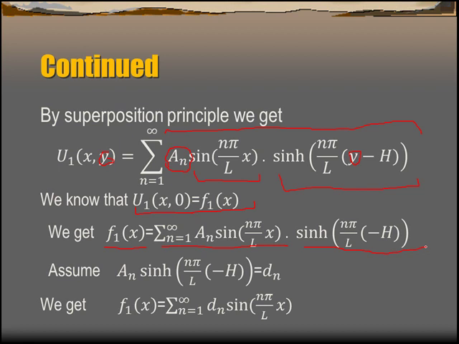One constant is a n and the other constant is sin hyperbolic n pi over l into minus h. This is also a constant quantity. The encircled quantity is also constant. Okay, in order to avoid any complexity, we will generalize these constants into dn. We will write dn is equivalent to an multiplied by sin hyperbolic n pi over l into minus h. All of these things are constant, so we will use a simple notation dn. So what we get is f1 of x is equal to summation n starts from 1 up to infinity dn sin n pi x over l.